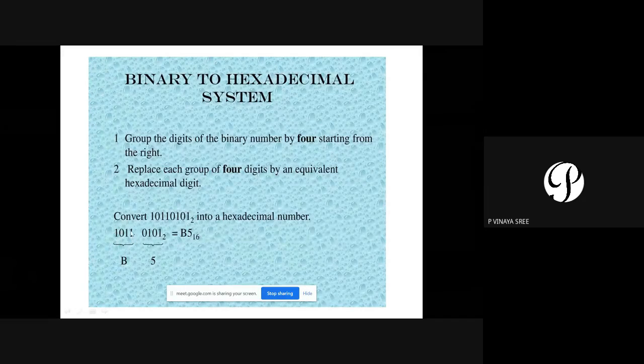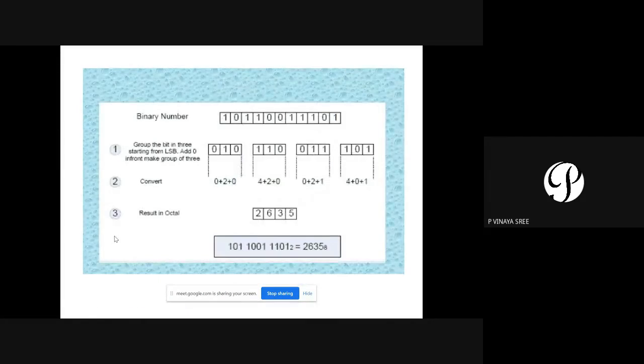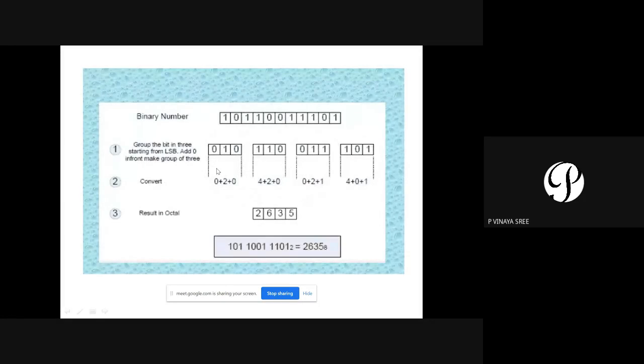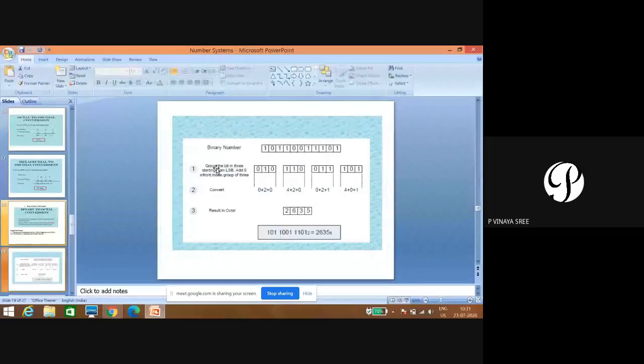We have to discuss this in a digital way only. You have to start from the LSB, which means the right side. MSB means, as usual, the left side. Okay, next class we will discuss how to convert binary to octal. I will end the session.